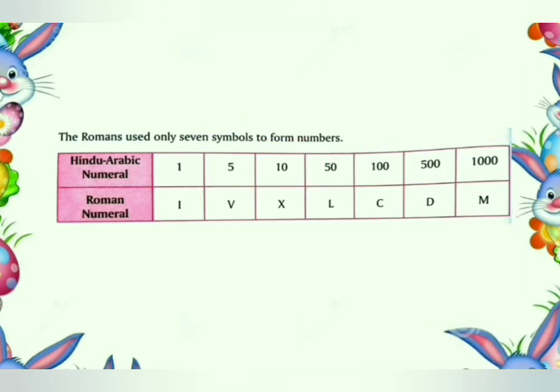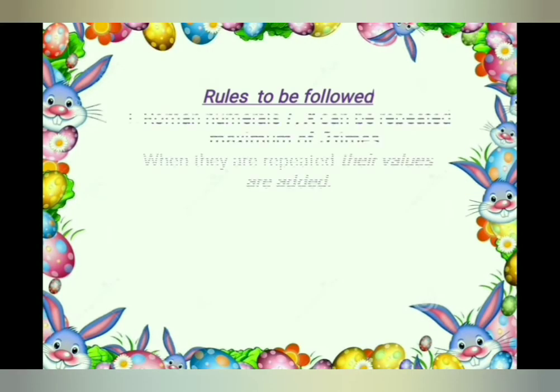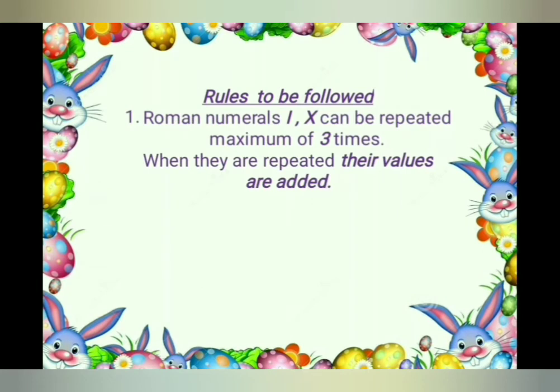And there are some rules that you have to follow while writing Roman numerals. First one, I and X can be repeated a maximum of 3 times. When they are repeated, their values should be added.